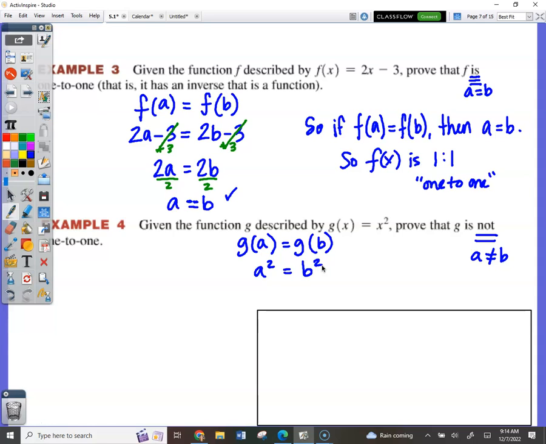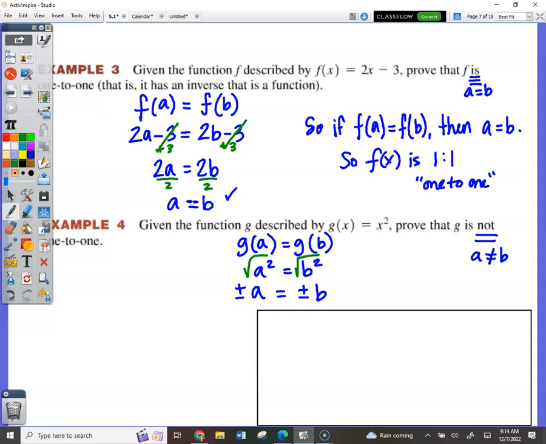Yeah. What do you get when you square root? There's the problem. So here I would get plus or minus a. Here I would get plus or minus b. It's too vague. Like, does positive a equal negative b? No, not possible, right?